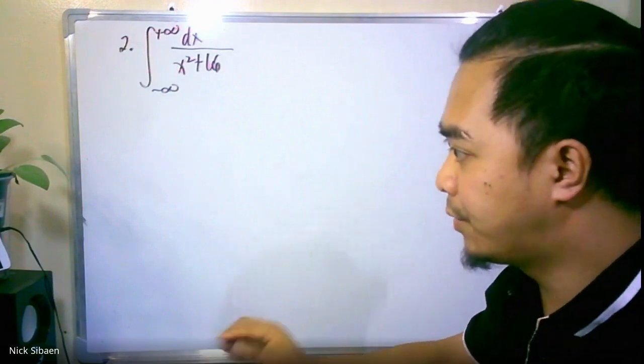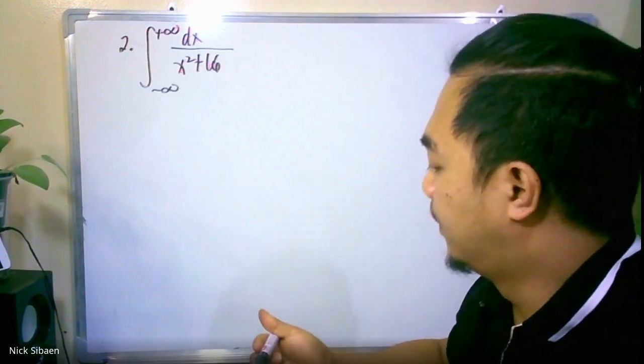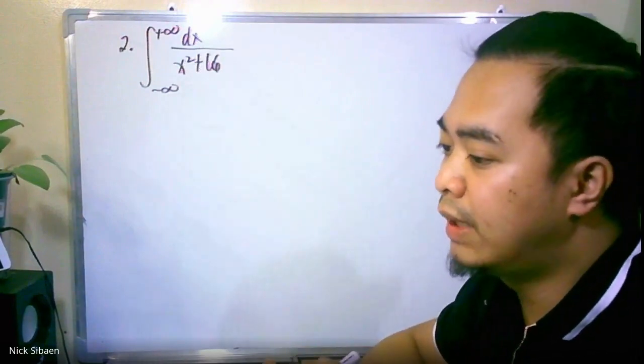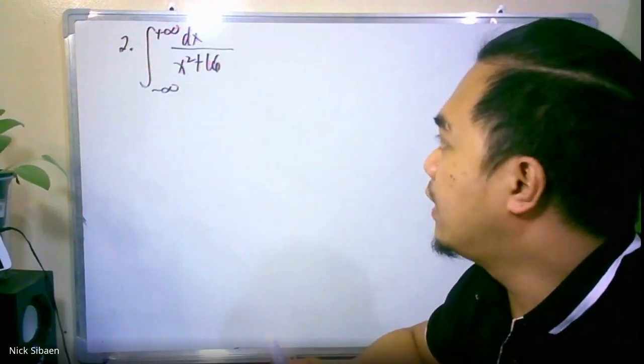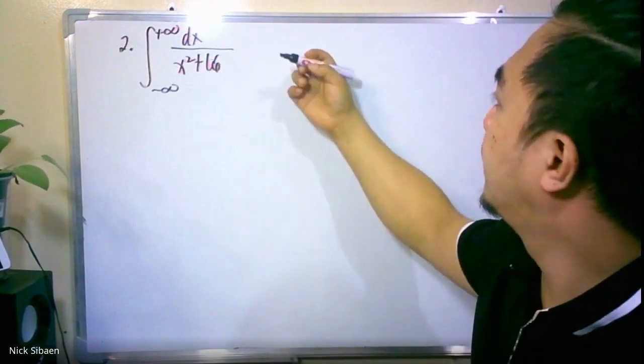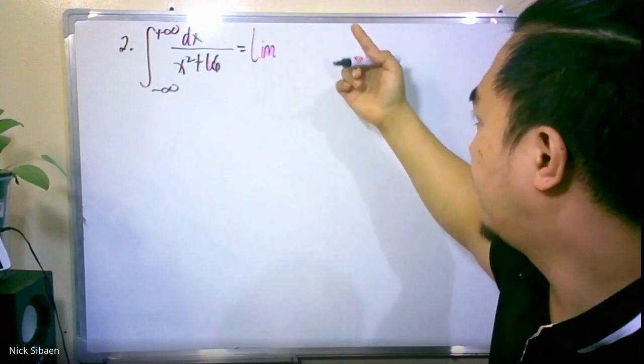Okay, let's answer this one. What type of improper integral? C, sir. Okay, kasi parehas, no? Both of the limits are one of the infinities. And to build the limit expression, ano yung gagawin natin? Dapat dalawa.